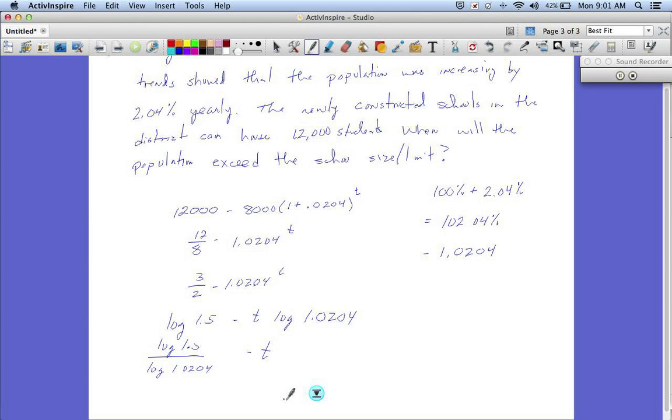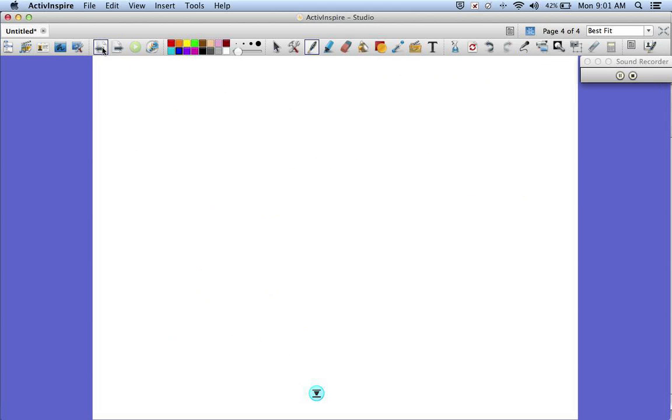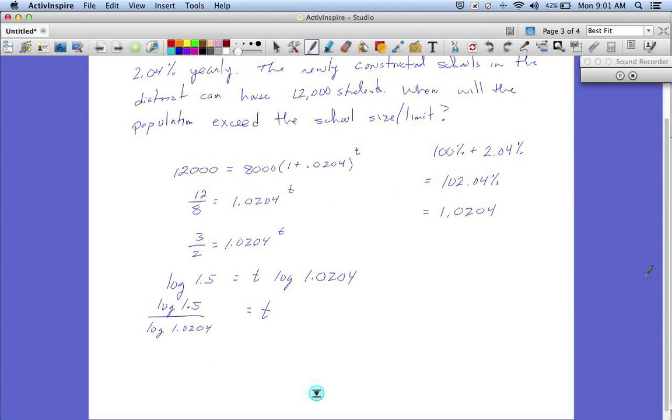So t is approximately 20 years based on this log equation. All right, so that's how you use the logs to solve some equations.